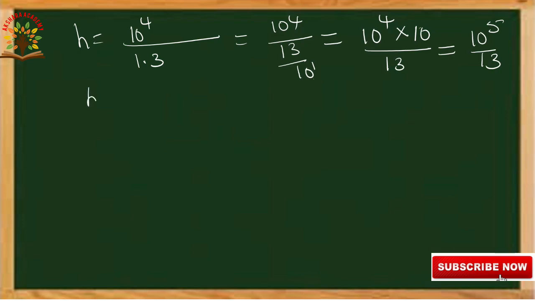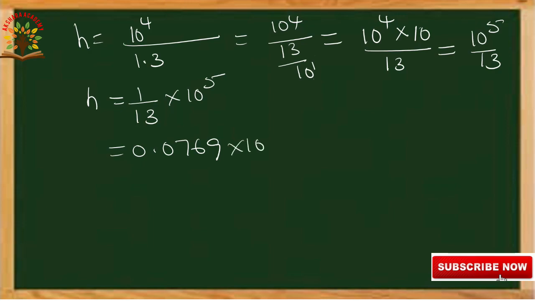This can be written as h is equal to 1 by 13 into 10^5. 1 by 13 value is 0.0769 into 10^5. 10^5 we are writing as 10^2 into 10^3. 0.0769 into 10^2 becomes 7.69 meters.